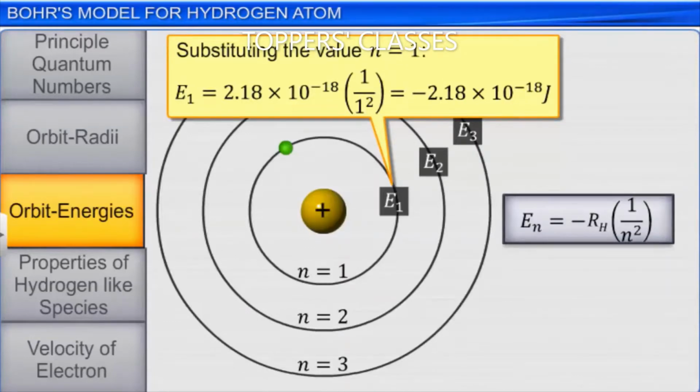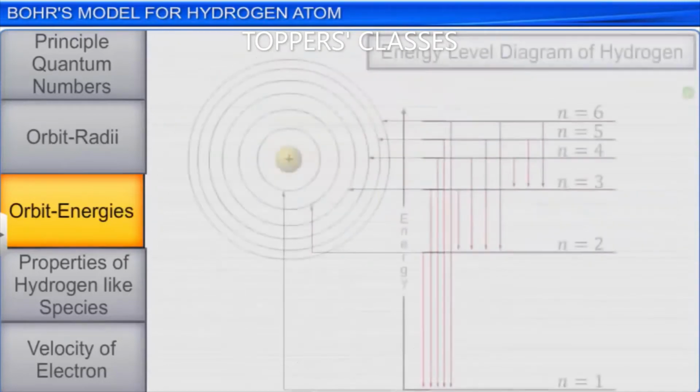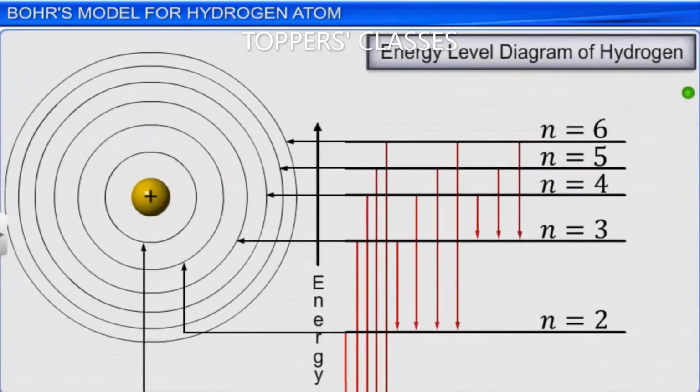The energies of excited states can be measured in the same way and represented in the form of an energy level diagram. Note that the energy of the stationary state n = infinity is 0. At this energy level, the electron is completely free from the influence of the nucleus.